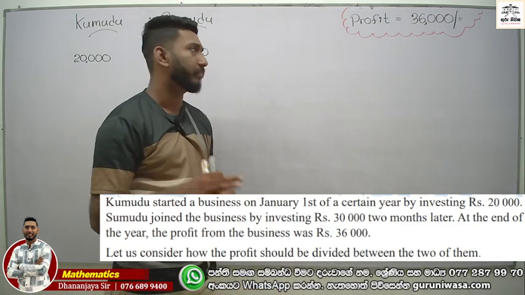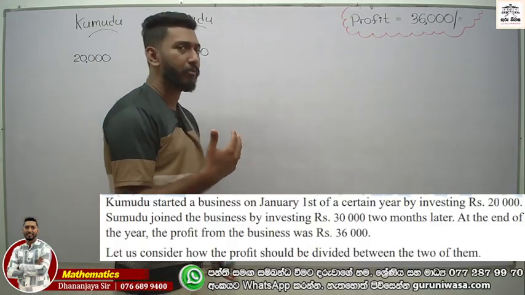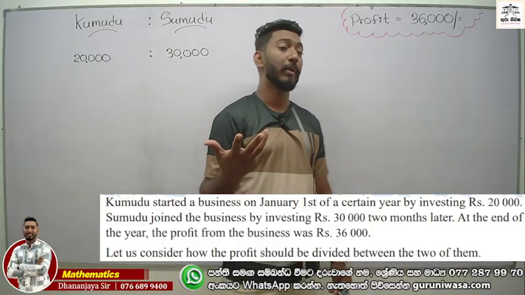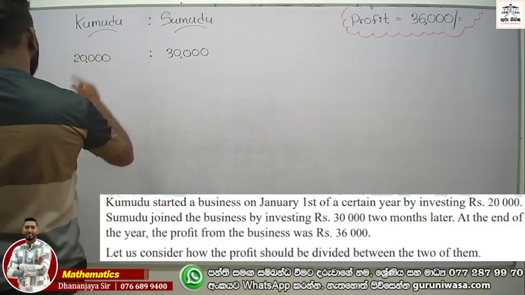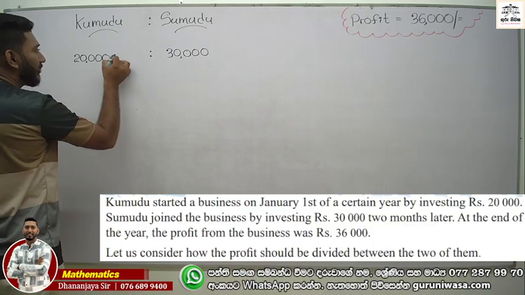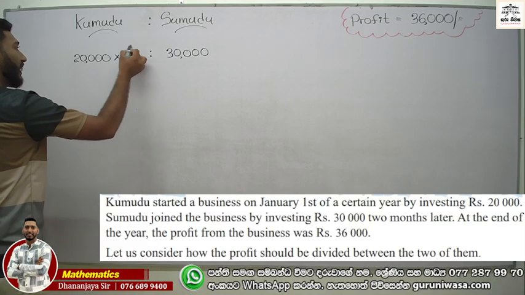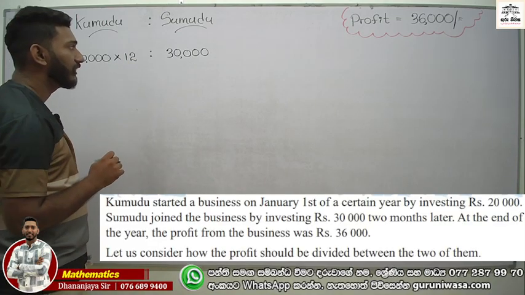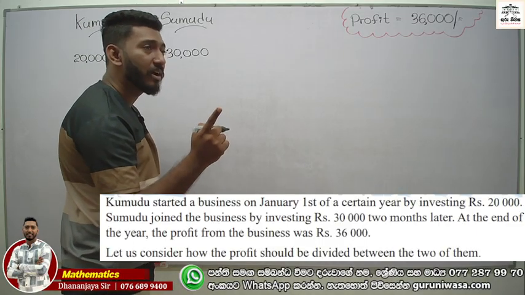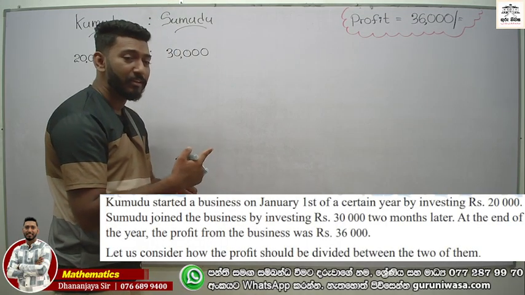Right, now listen. At the end of the year, 1 year has how many months? In 1 year, 12. Therefore, Kumudu invested her money for 12 months. But Sumudu joined 2 months later, so she is 2 months behind.